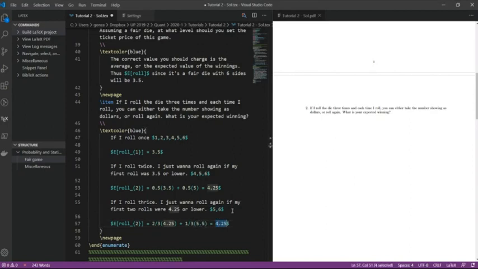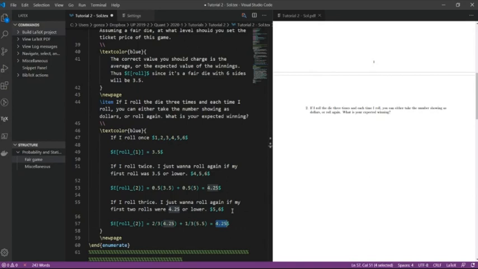So how much should I charge for a 3-roll game? I don't know, I haven't calculated this one. How much is it, guys? So 2/3 multiplied by 4.25 plus 1/3 multiplied by 5.5.